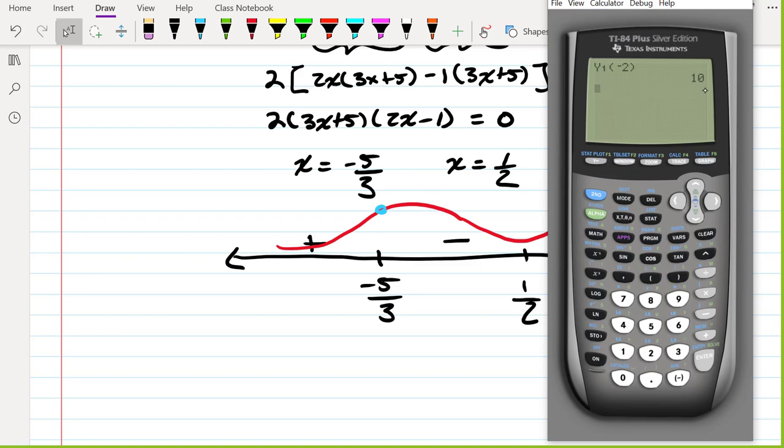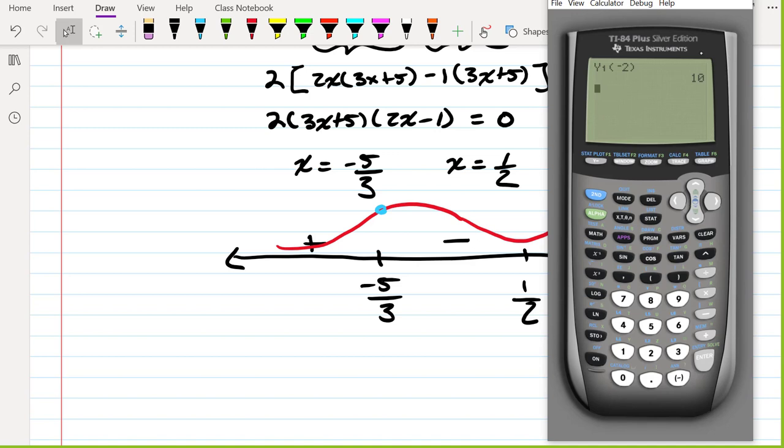And if I put negative 2 into this factored version right here, we had 3 times negative 2 is negative 6 plus 5 is negative 1, and then 2 times negative 2 is negative 4, minus 1 is negative 5, so I had negative 5, negative 1, and 2, so that gives us negative 5 times negative 1 is positive 5 times 2 is 10, which is the same value we got on the calculator.